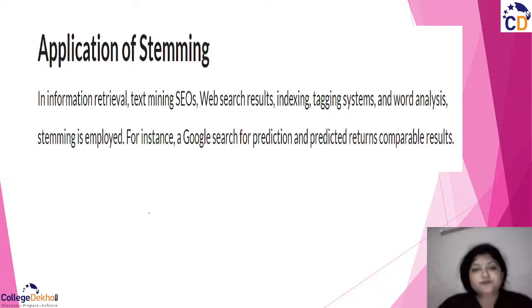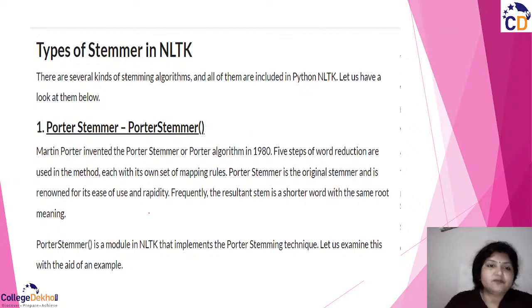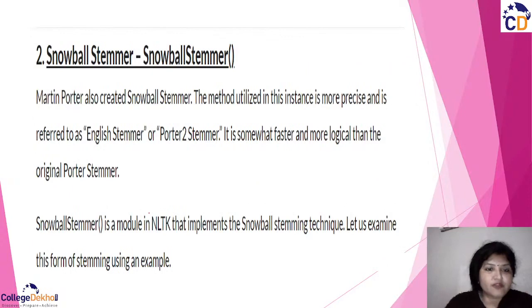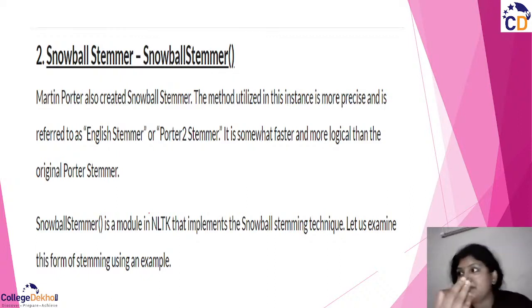right? So to get the results, most search engines are using such kind of algorithms, such stemmers, to have an efficient output, and it is going to provide you the fastest output. But it might be possible that they are inefficient.